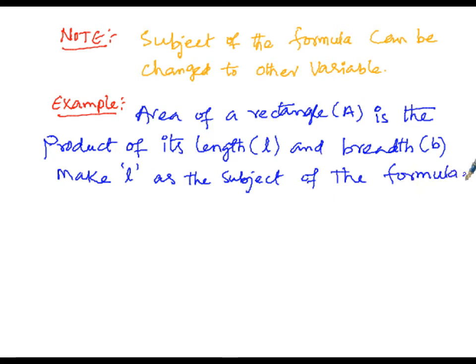Now the solution starts. As per the problem, area of a rectangle A is given by the product of its length and breadth. So up to this extent, first of all let us frame a formula.